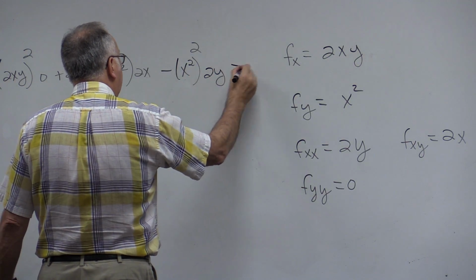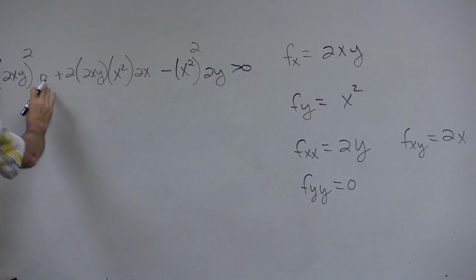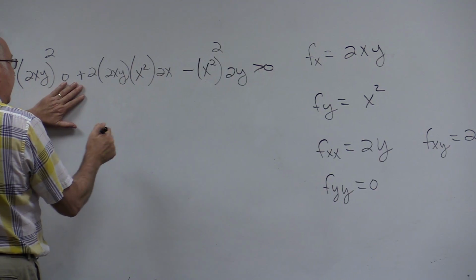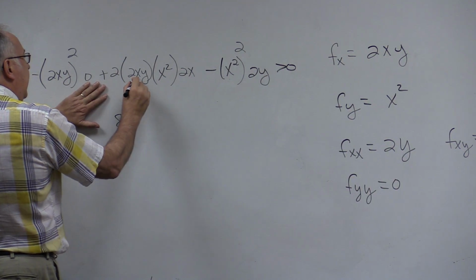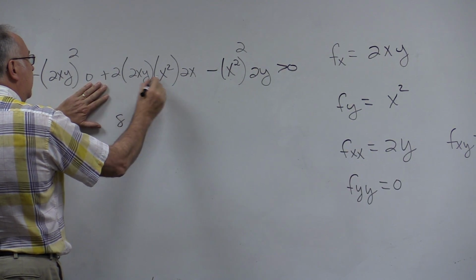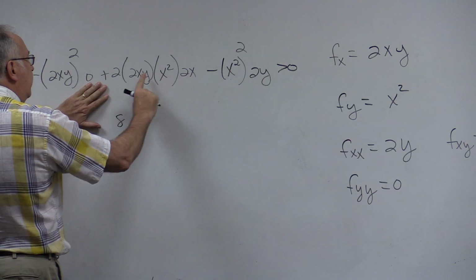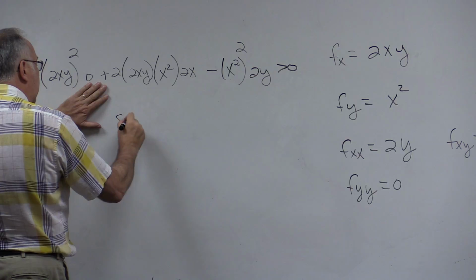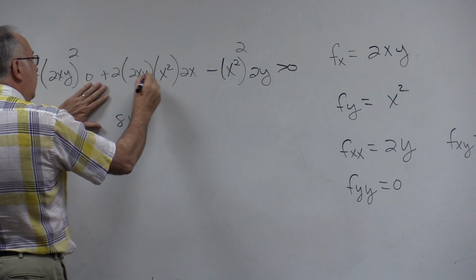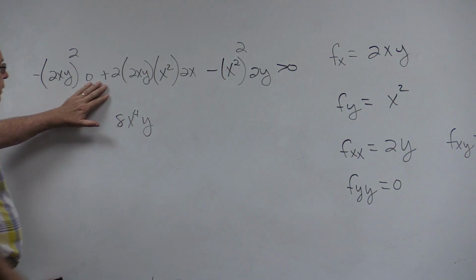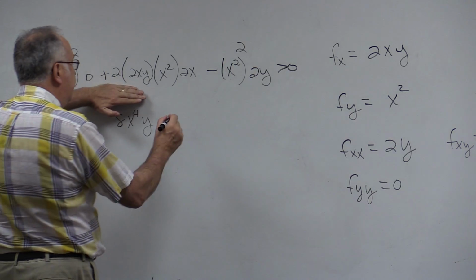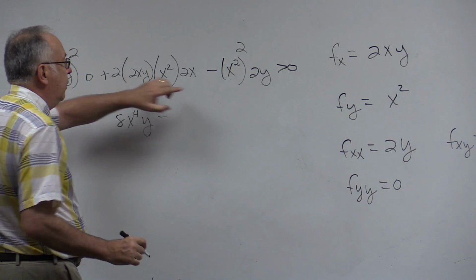We want this to be greater than 0. This term is 0. That drops out. We get a 2, 2, 2. That's 8. We got x squared, third, fourth, x to the fourth. And then we have a y. So this middle term is 8 x to the fourth times y. Minus, what do we have here?